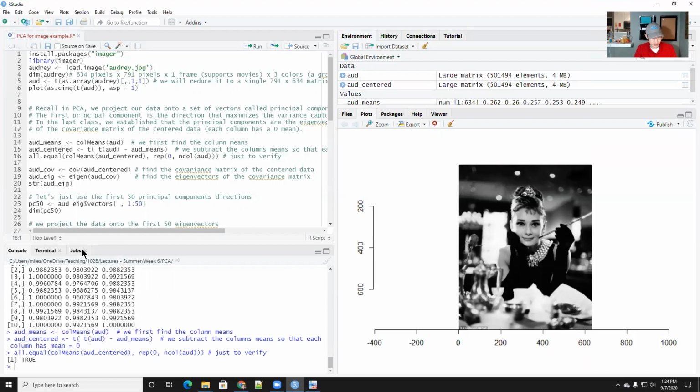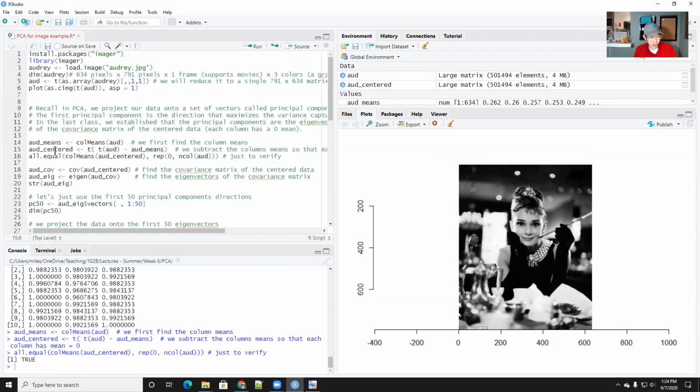And so I've subtracted the column means from every column of pixels, and in order to do this in matrix mode in R, I have to transpose it, subtract the column means, and then transpose it back, okay?